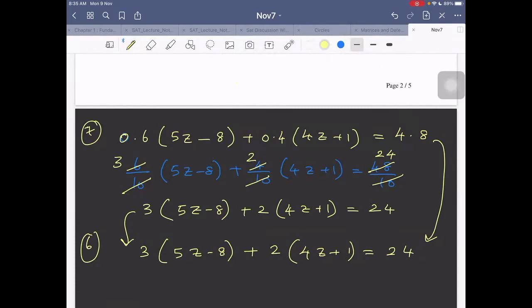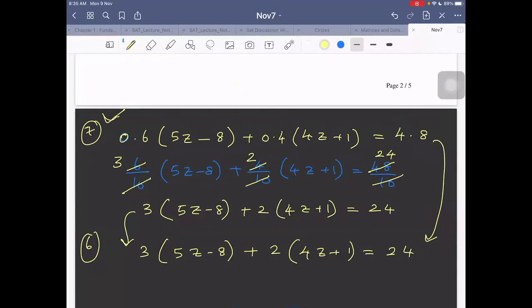There are no decimal numbers now. You don't have to deal with decimal points now, right? So the other way to do question number 7 is to convert it into a question without decimal points.